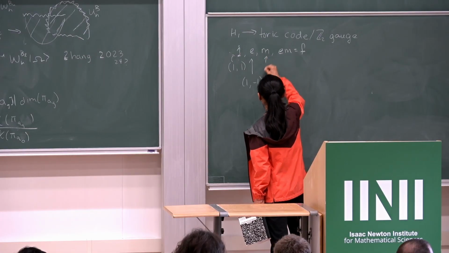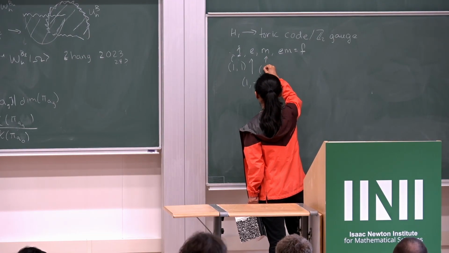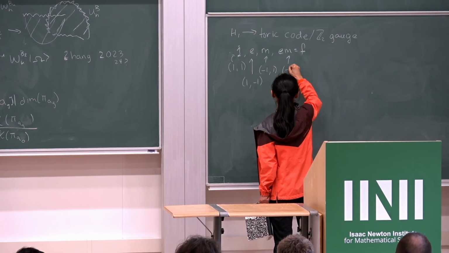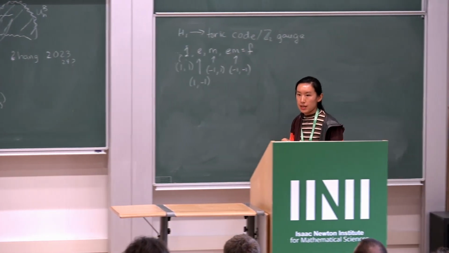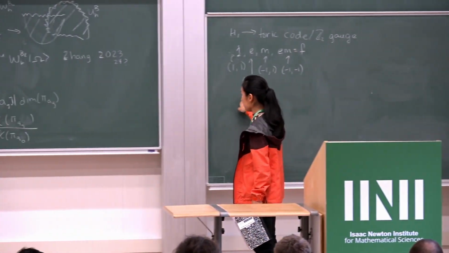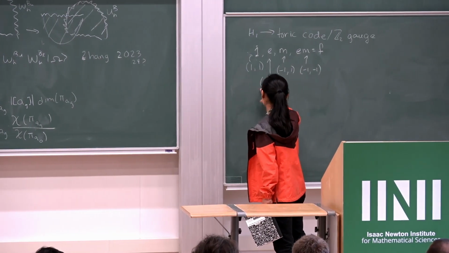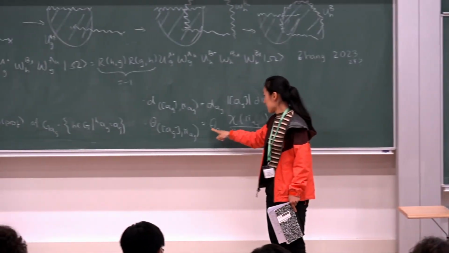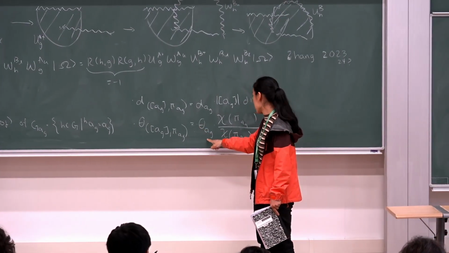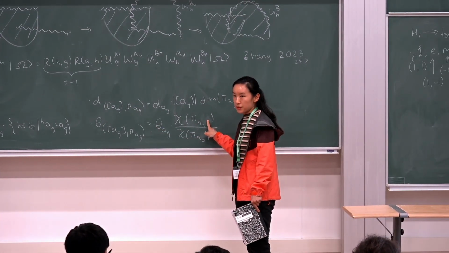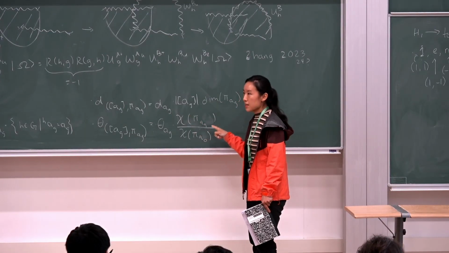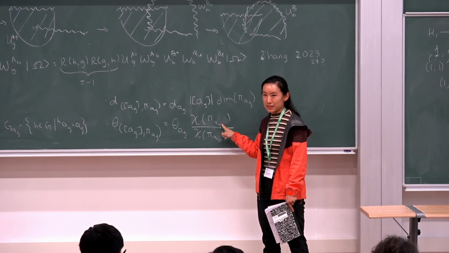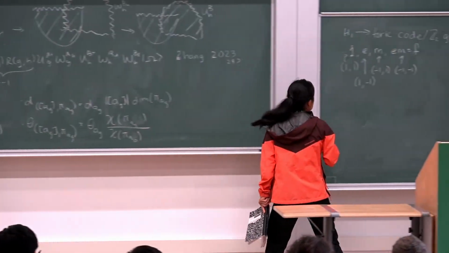And this is -1-1, and this is -1-1. And now you can compute the statistics as well, because these 3 are all going to have topological spin 1, because theta AG is 1, and then on the trivial irrep, the character is 1. So the only -1 comes from when you have a non-trivial irrep on a non-trivial group element, which is this guy here.